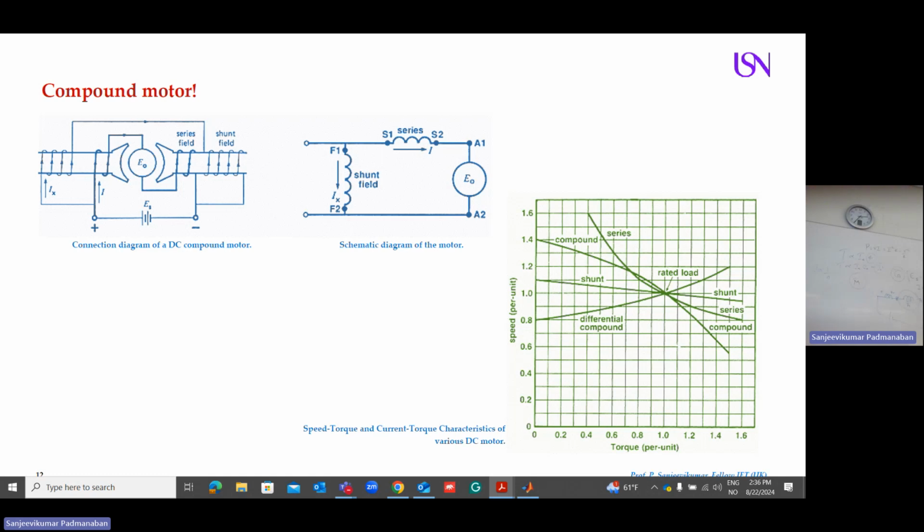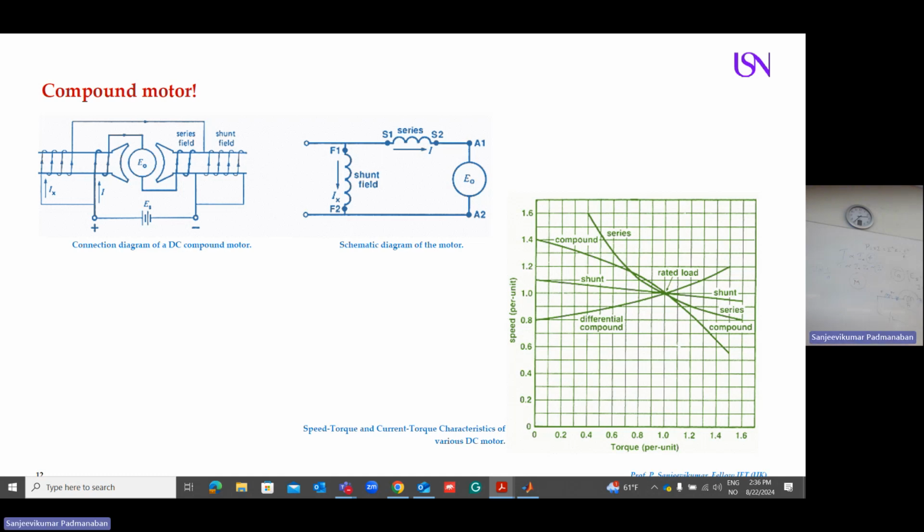So I want to design a machine where at 0 speed, I want to start like 80%. Then I go for a differential machine. For example, I want a machine with characteristics where the load increases, speed also increases. I go for a differential compound. I want a machine with a high speed and high torque. I go for a series machine.